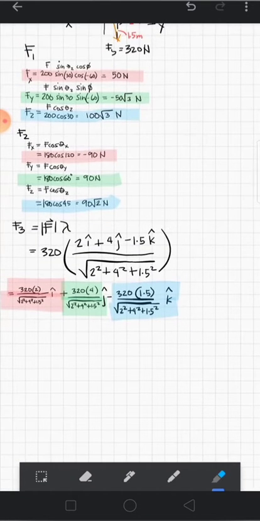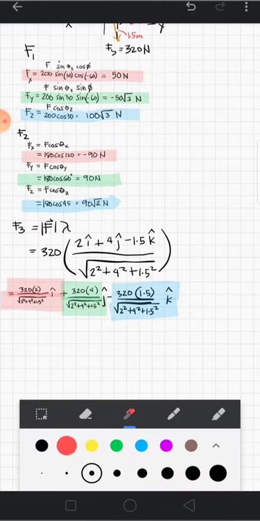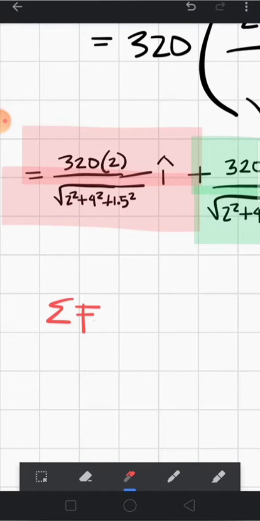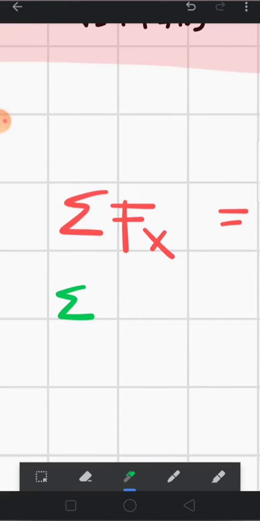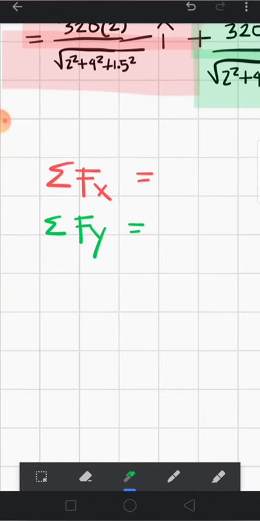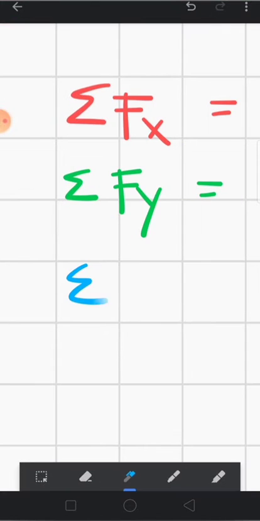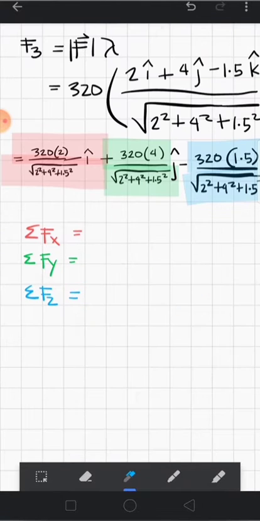And now adding all reds, all greens, and all blues. For all reds, that's the summation of forces x. And then for all greens, the summation of forces y. And then for all sky blues, summation of forces z.